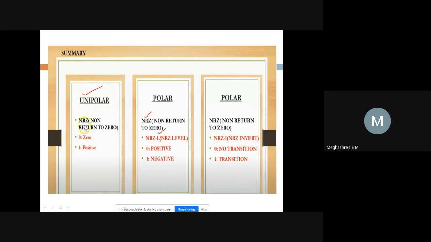Then we moved on to non-return to zero invert, where 0 means no transition and 1 means there is a transition in the signal. Under polar, I just completed non-return to zero.